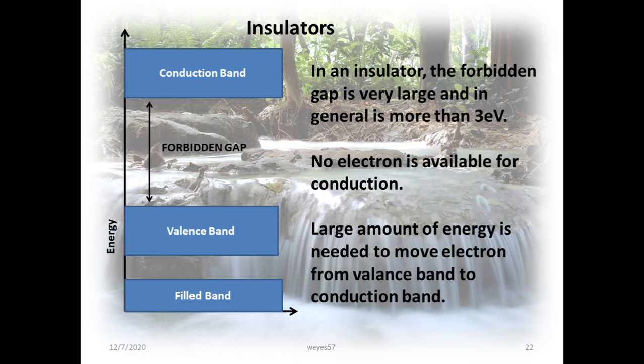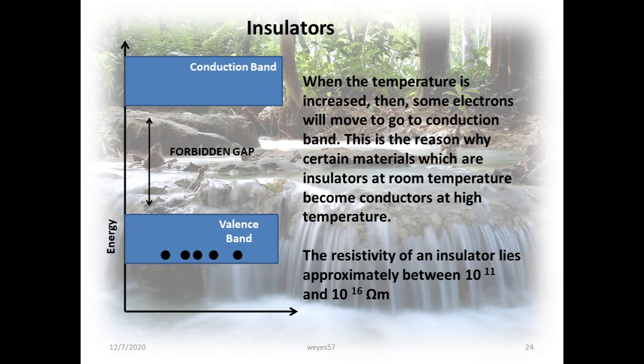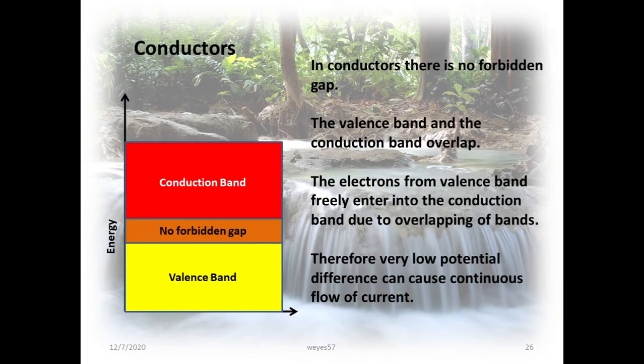For an insulator, the forbidden energy gap between valence band and conduction band is very large, whereas for a semiconductor this gap is very small. So in an insulator, even if you supply a large amount of energy, it is not possible to take the electron from the valence band to the conduction band. Whereas for a semiconductor, the gap is very small, and even if you supply very small energy, electrons can move from the valence band to the conduction band.